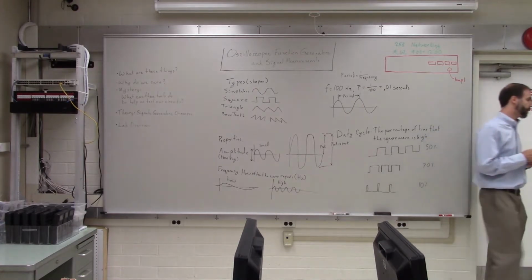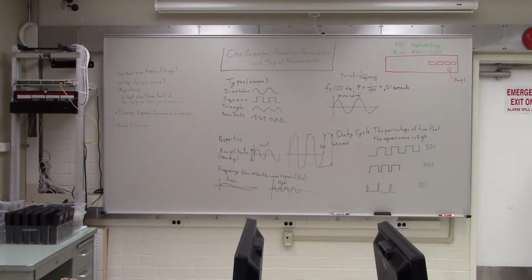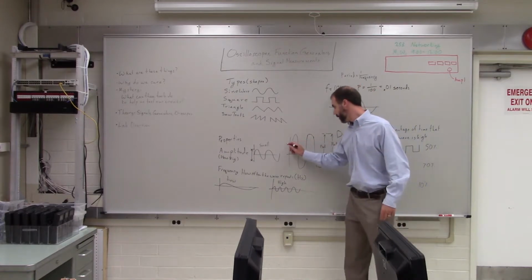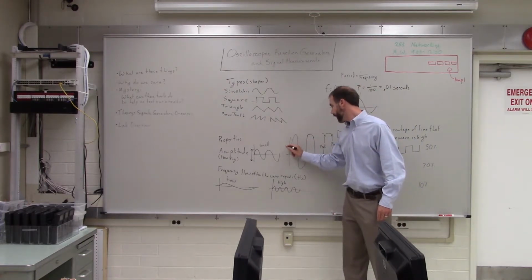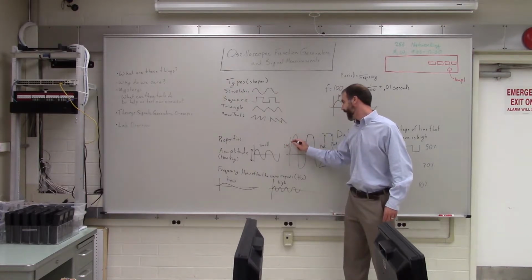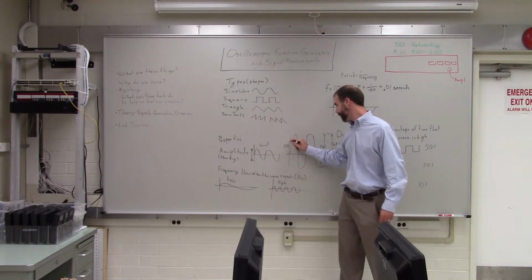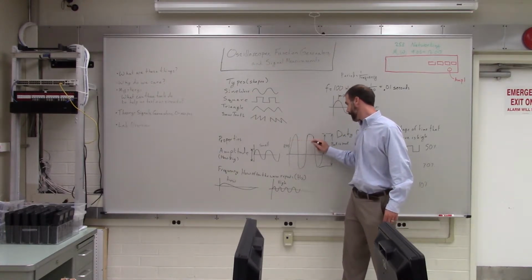There is another one that is called RMS, that stands for root mean square. And that one is funny. It's not all the way to the top. It's about like this on a sine wave.